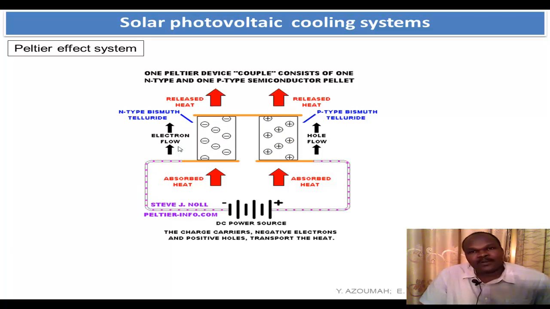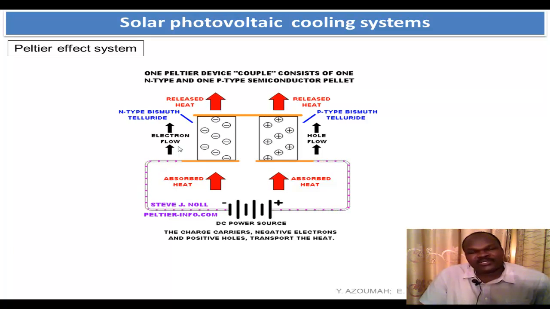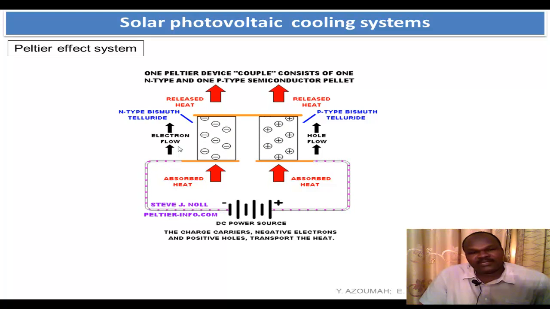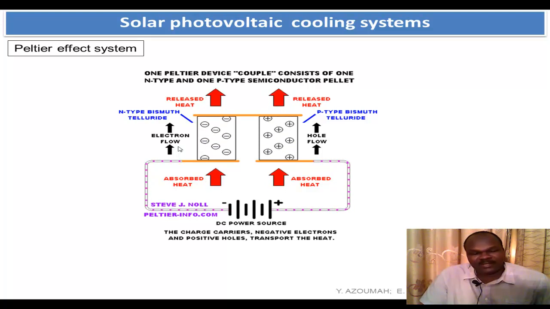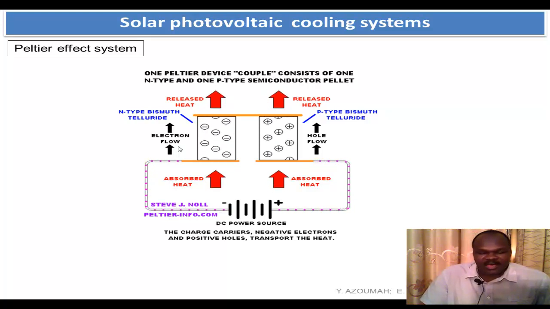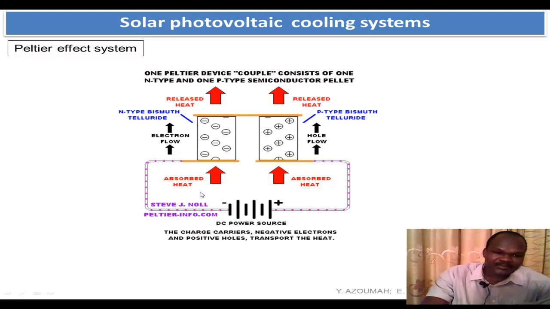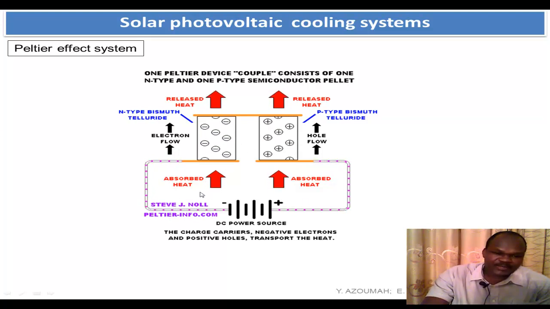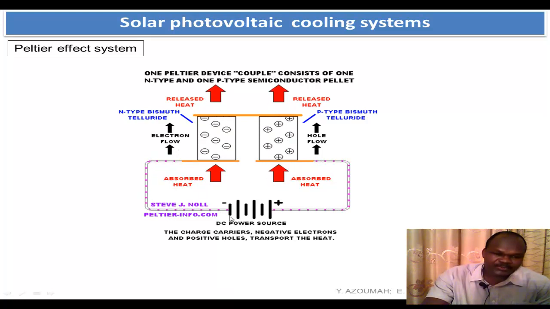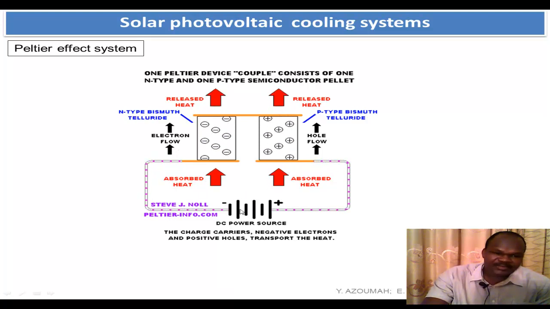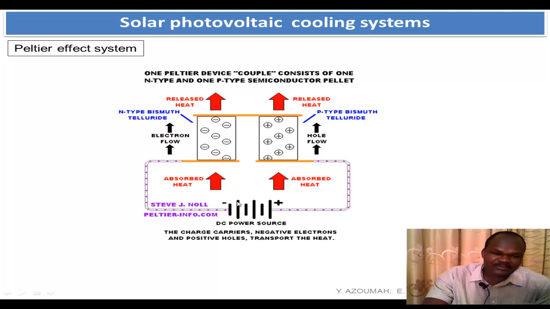And then people thought that this can be used in cooling systems. This is a typical Peltier cooler. How does it work? You have the power source. You can use a photovoltaic panel.